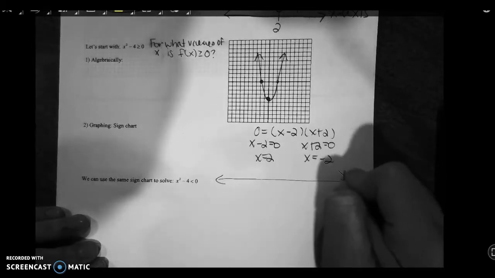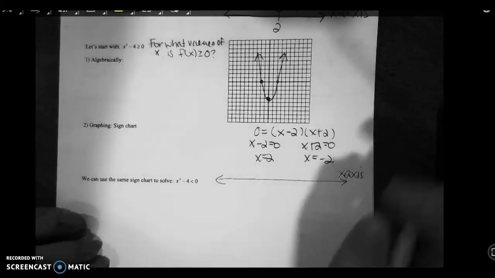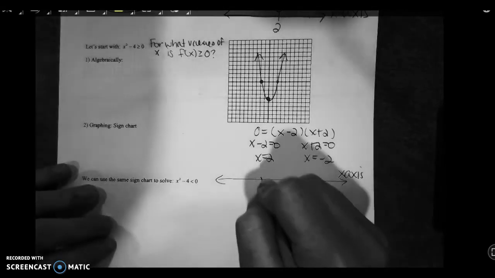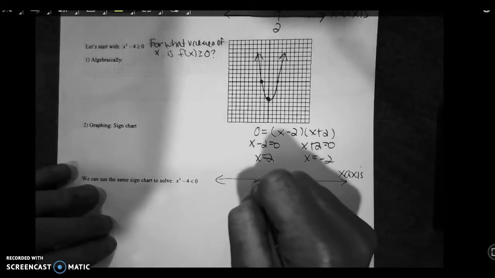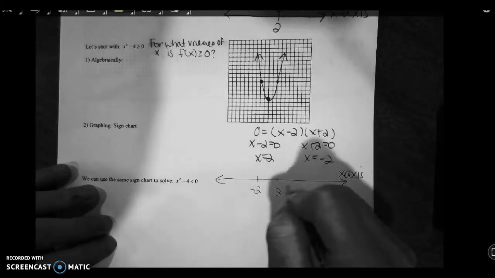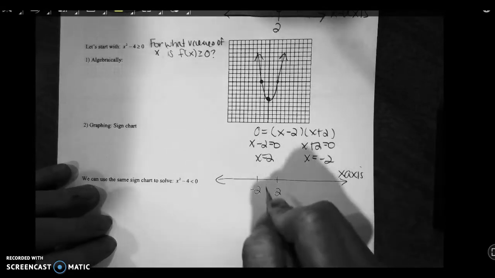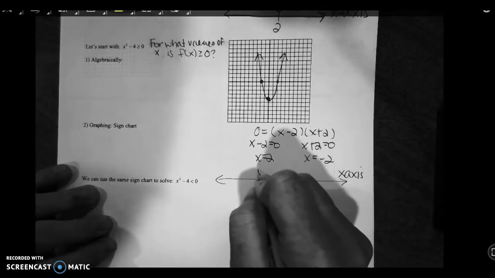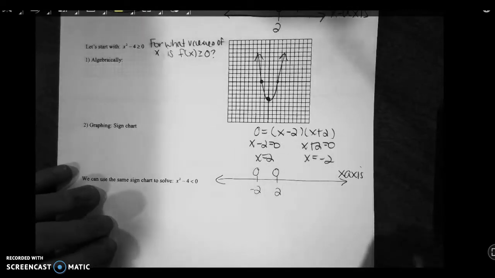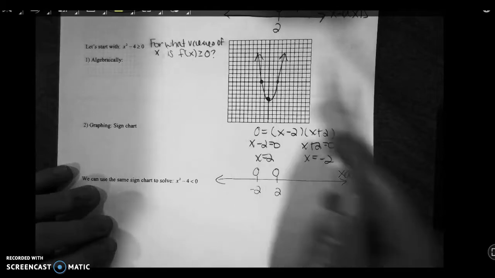Now this sign chart again is really just the x-axis. And on this sign chart, what would be important is -2, and I'm trying to line this up, and 2, because on the x-axis, these both have a y value of 0, because those are x-intercepts.